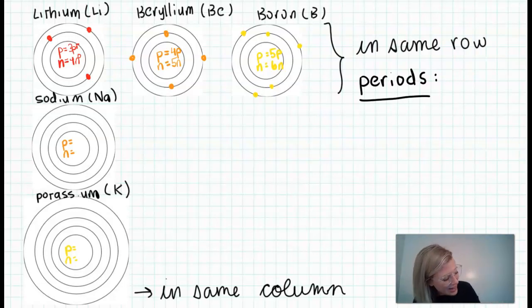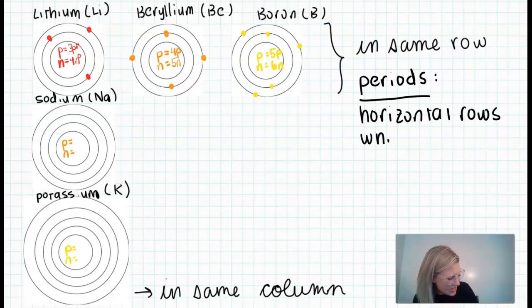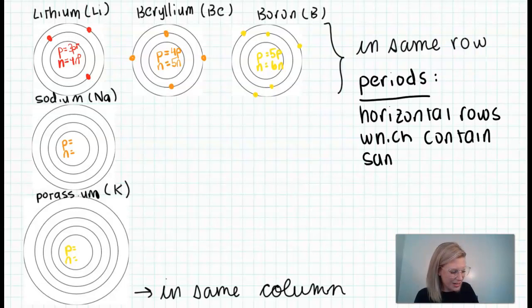Now, periods, again, are the horizontal rows, okay, which contain the same number of energy levels.